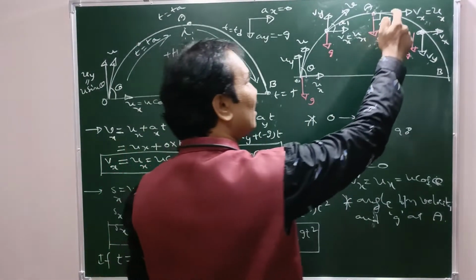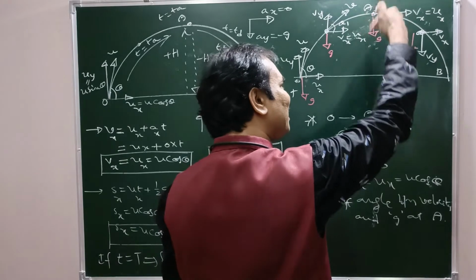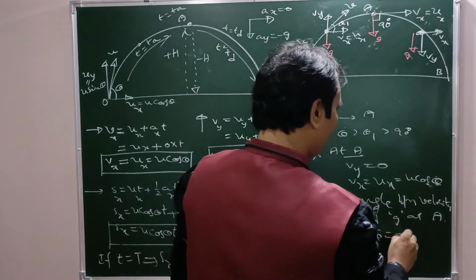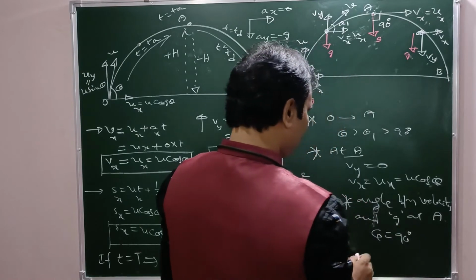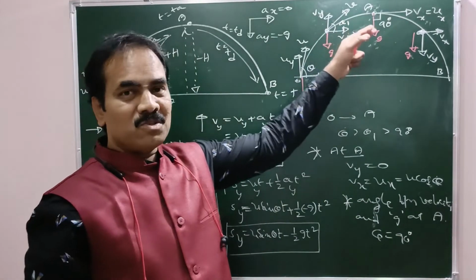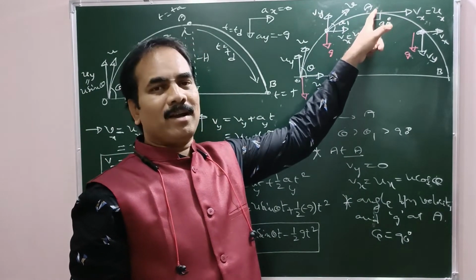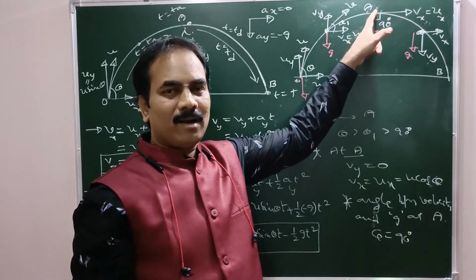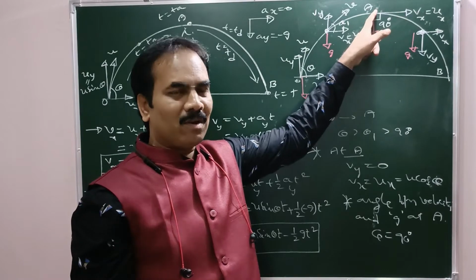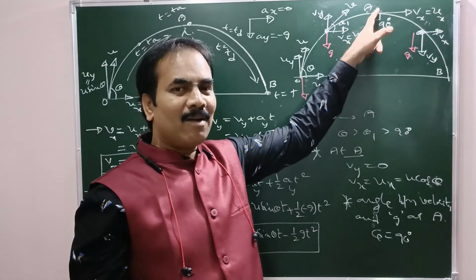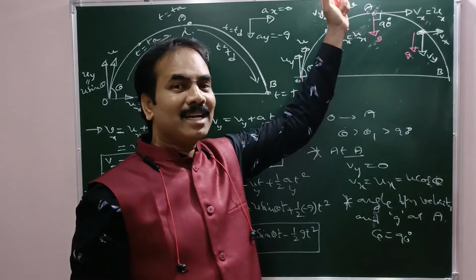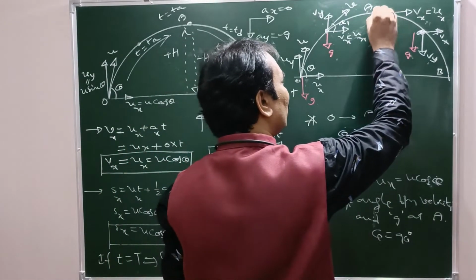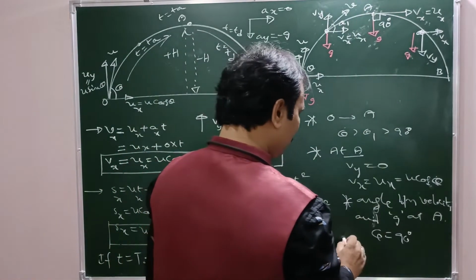What is the angle between net velocity and acceleration due to gravity at the highest point? 90 degrees. So theta is equal to 90 degrees. So the projectile moves horizontally at the highest point. Why? Because we are left with only the horizontal component at the highest point. It doesn't have any vertical component, because that is 0 at the highest point. Right?